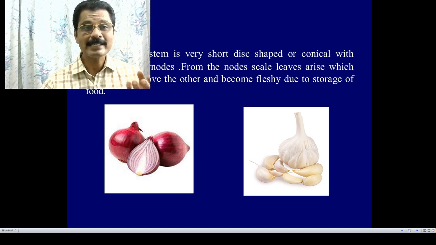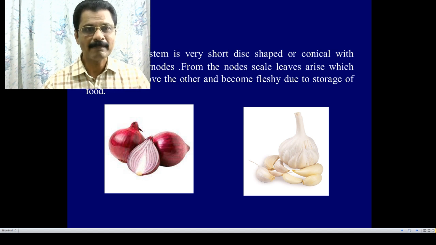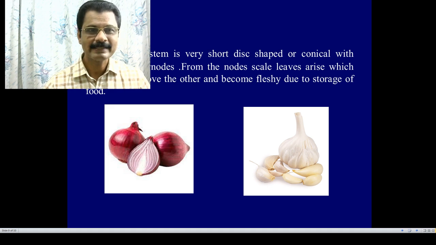That is also covered with scale leaves. So this type of bulb is called compound tunicate bulb. Bulbs are of two types, tunicate and non-tunicate. Tunicates are of two types, simple tunicate and compound tunicate. Simple tunicate bulb, onion. Compound tunicate bulb, garlic. Could you follow me?